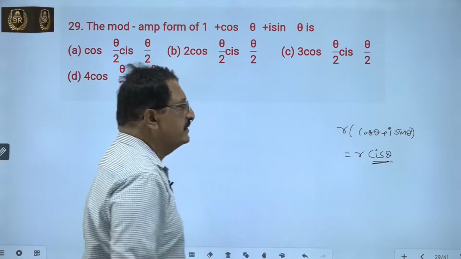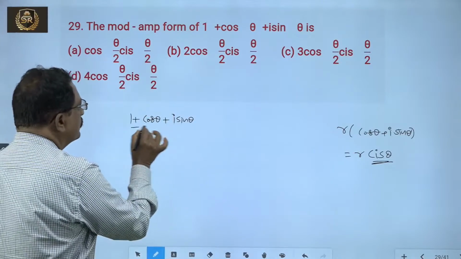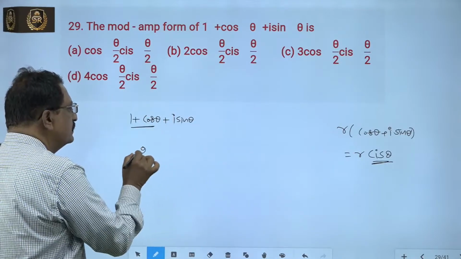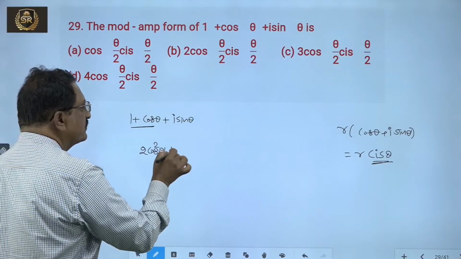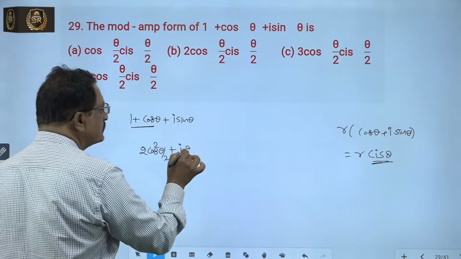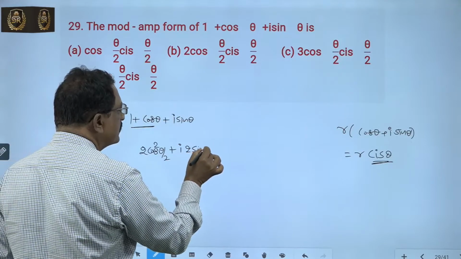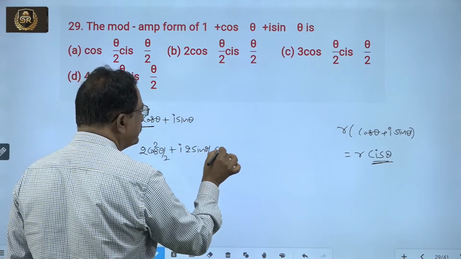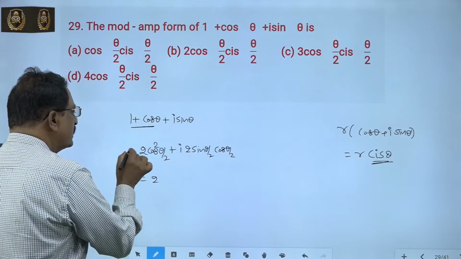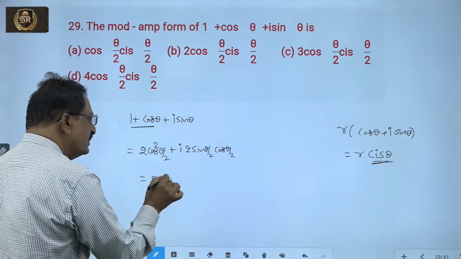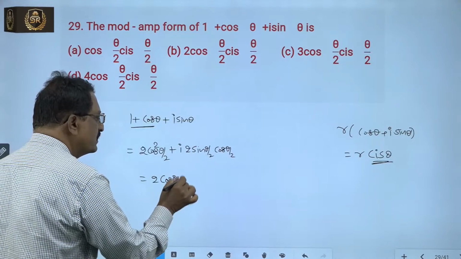Now here 1 plus cos theta equals 2 cos square theta by 2, half angle form, plus i into sin theta equals 2 sin theta by 2 cos theta by 2. Now take 2 cos theta by 2 common.